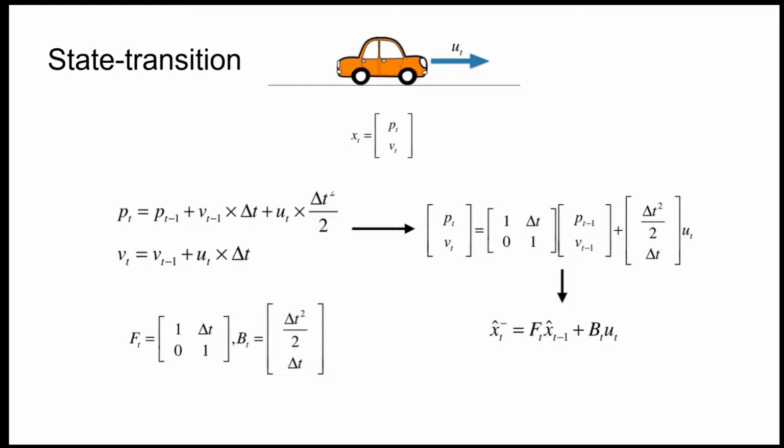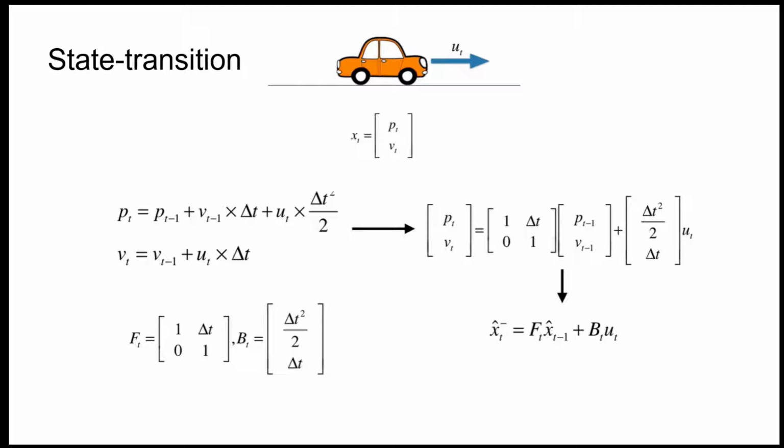The superscript of x on the left indicates that this is the predicted value based on the state of the last moment. Later, we will have to correct this x based on observations. With the state prediction formula, we can predict the state at the current moment.